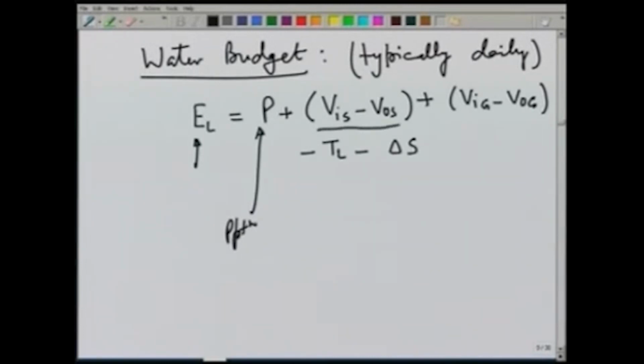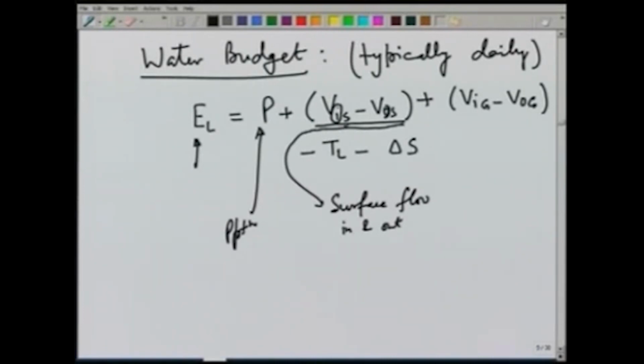V S I and O, these are the volume inflow and outflow from the surface water. So, surface flow in and out, the subscript I represents in and O represents out, S means surface.